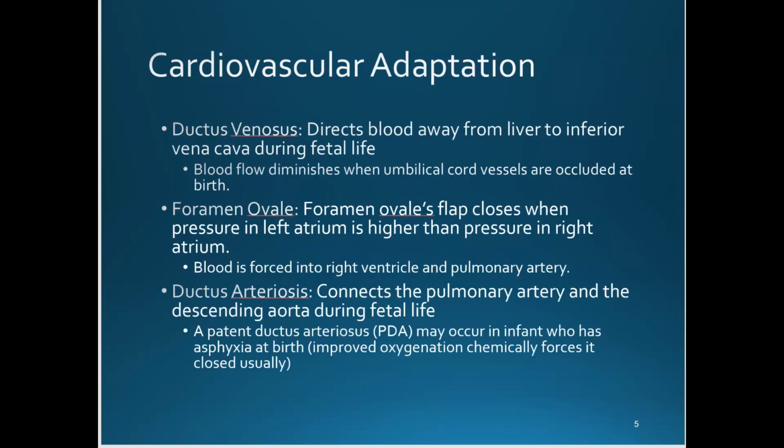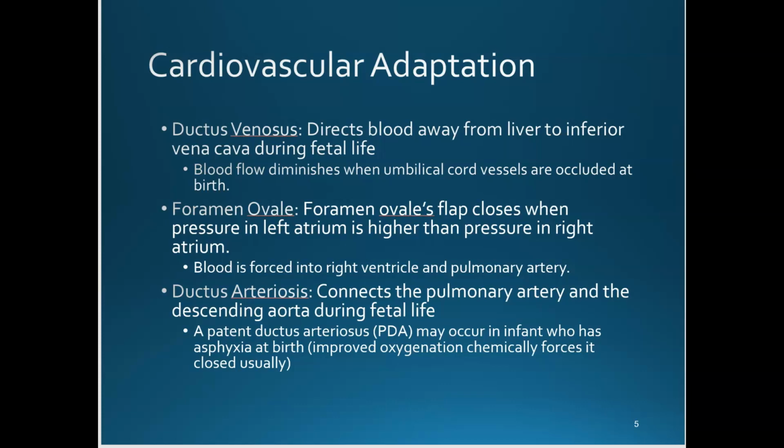So we have the ductus venosus. This is an opening in the inferior vena cava, bringing all that blood back up to the heart, if we remember where that vessel is, and it's where it's connected to the liver. Now, the liver doesn't have to do its job in utero because mom's liver is cleansing the blood for baby. After they're born, that liver starts to have to do its job.